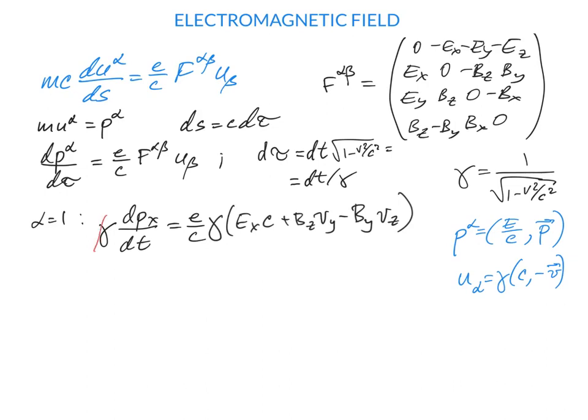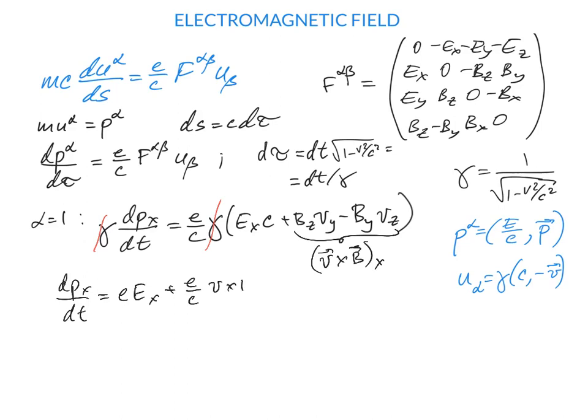So here gamma cancels on the two sides, and the two terms involving the magnetic field give us the x component of the cross product v cross B. So putting this all together, we can write dpx by dt equals E times Ex plus E over c times the x component of v cross B.